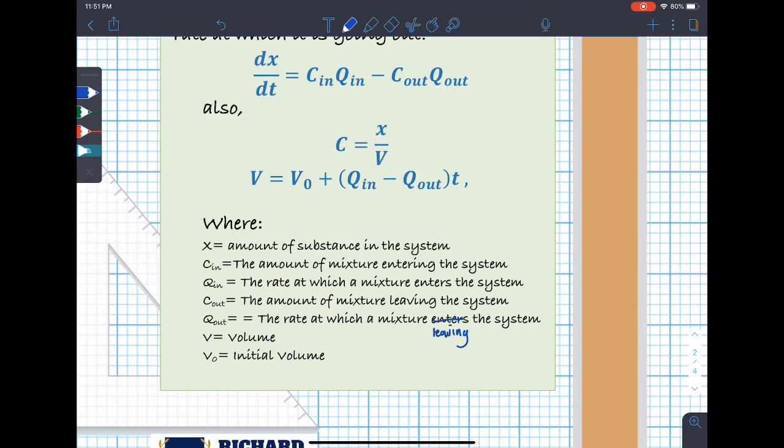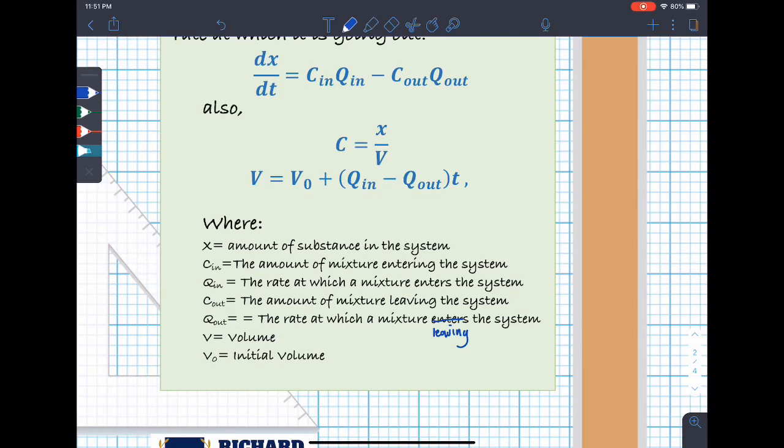The volume of the mixture in a container can be determined using the initial volume plus the difference between the input flow rate and the output flow rate, multiplied by time.